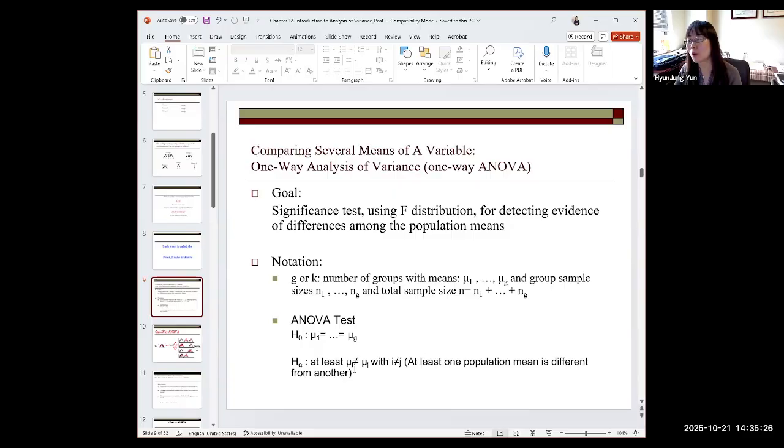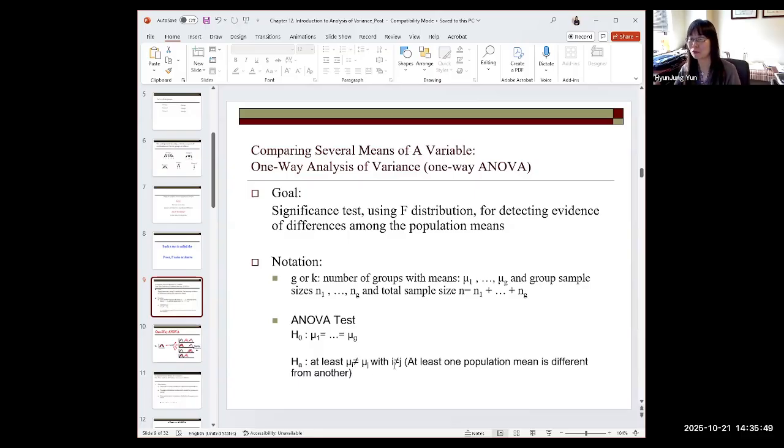Here, when you see I or J, that's a random group, a random case, in statistical notation. So when I and J are not the same group, at least one random group is different from another random group.